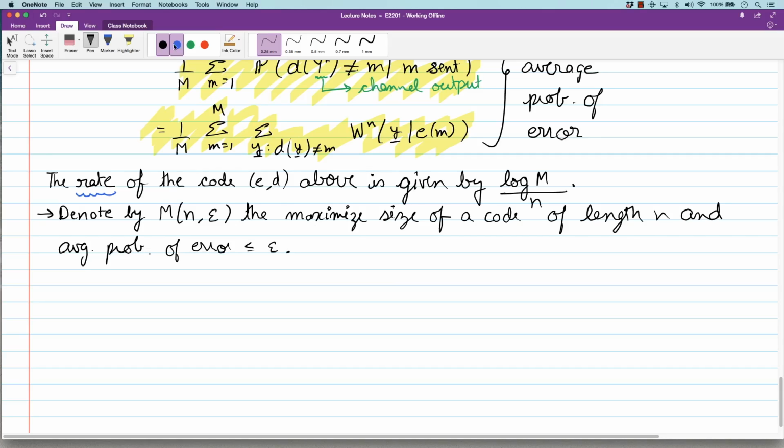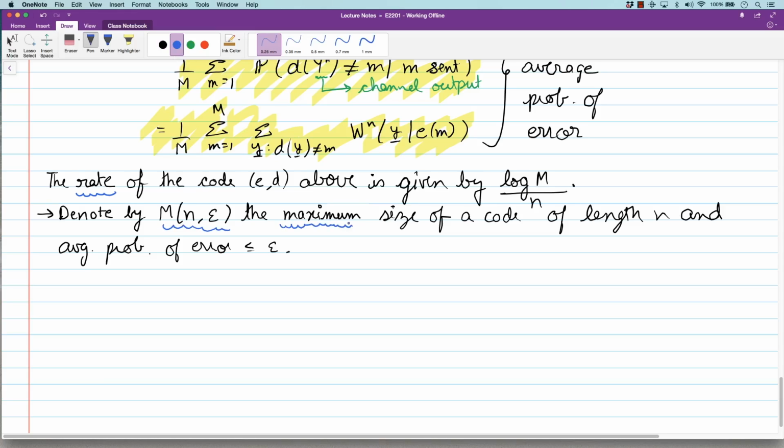It's maximum because it's just a number. I'm defining this M to be an integer, so you can just take a look at all the integers, and at some point you cannot attain this small probability of error using the channel n times, and the maximum is given by the one just before that point.